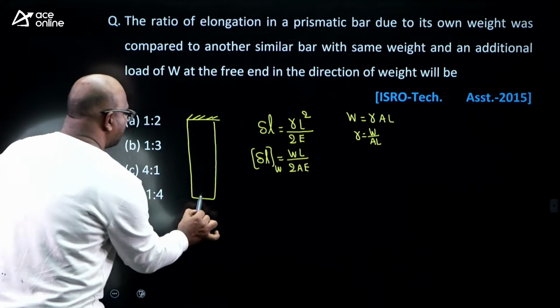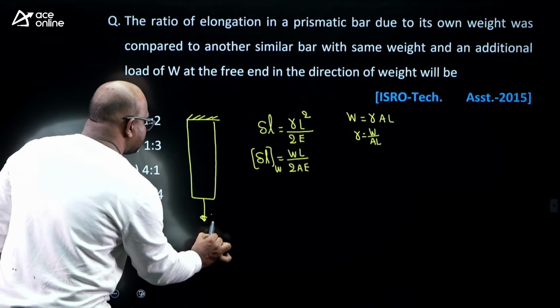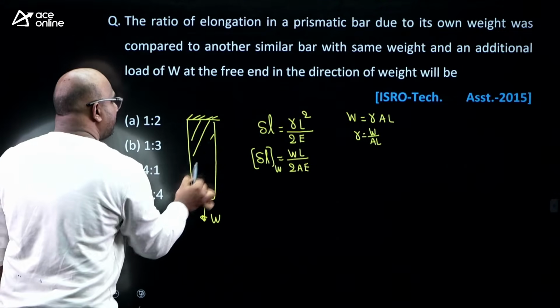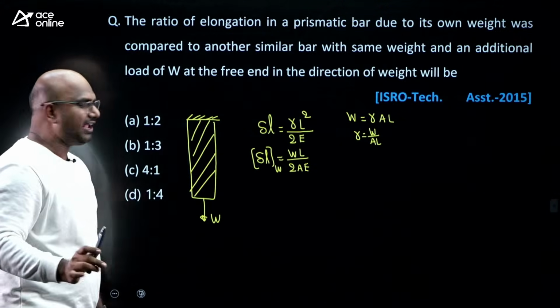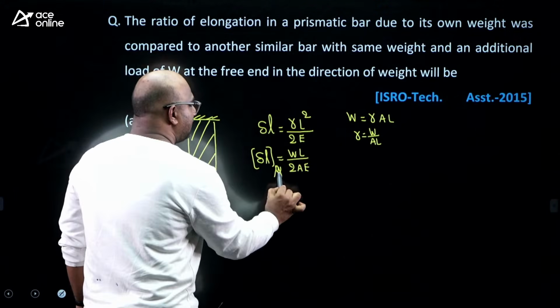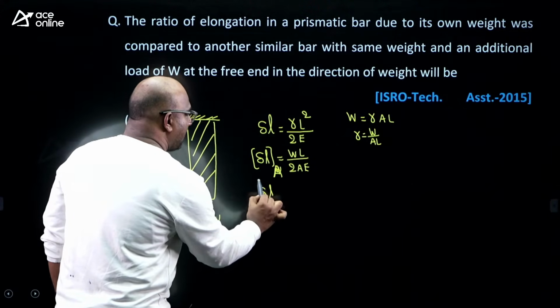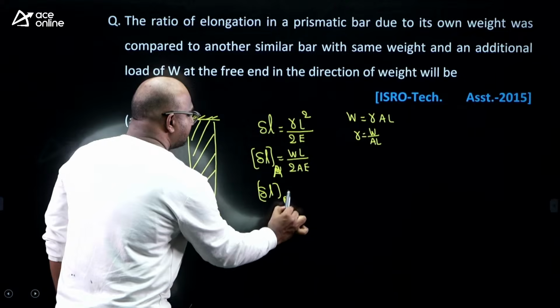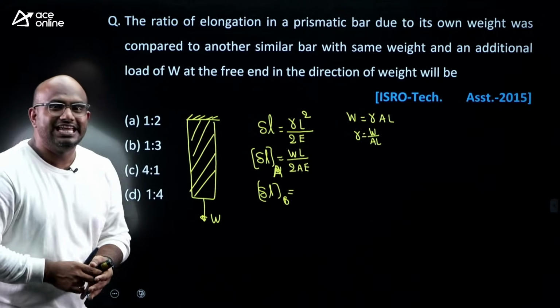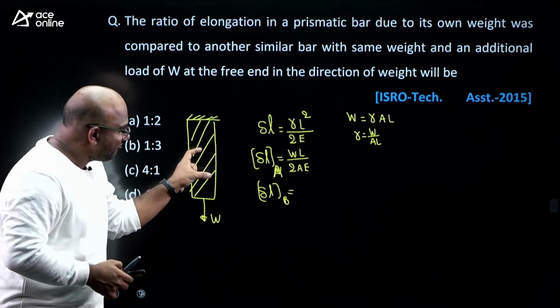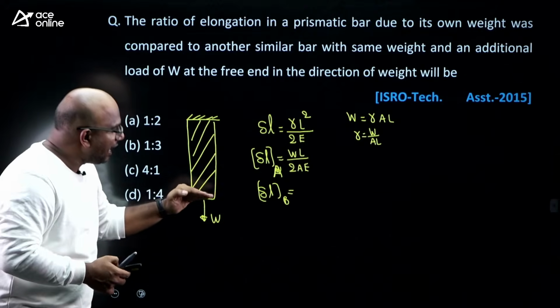In the first case, delta LA equals WL by 2AE. Now delta LB, the second case: the deformation is coming due to self weight as well as due to the end load.